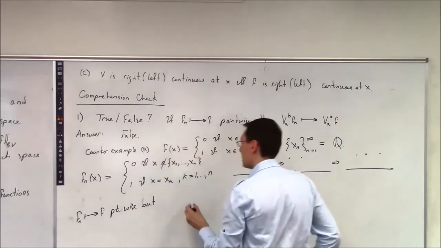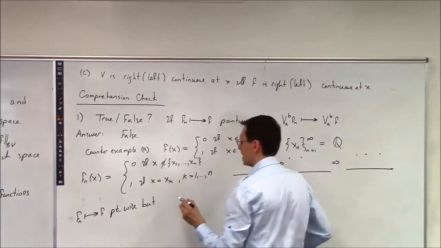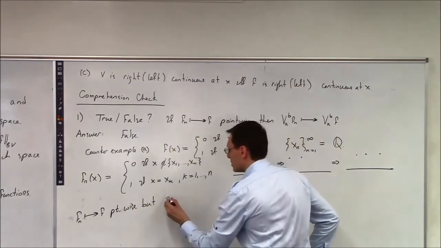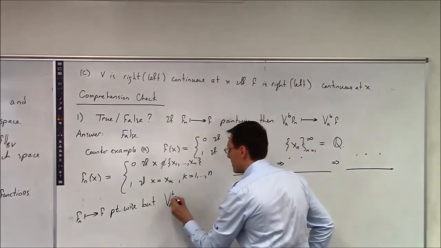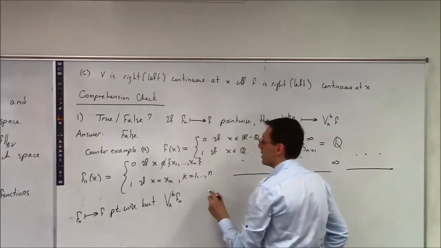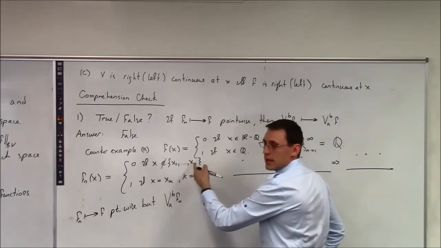But one second. Is it a counterexample? What's going to be the variation on AB of Fn? It's going to be 2 times n, right?